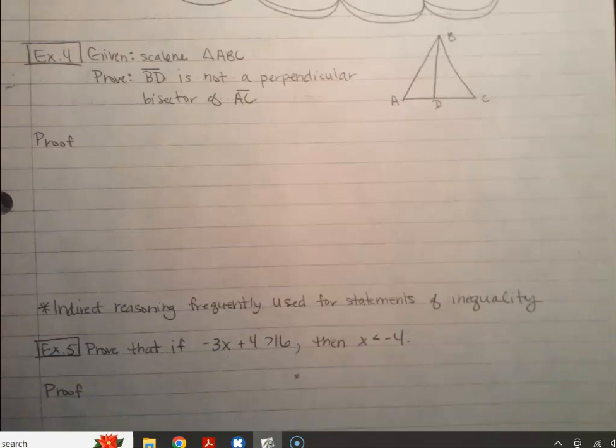Okay, so let's get to this step 1. I'm just going to write a number 1. Step 1 is to assume the negation.